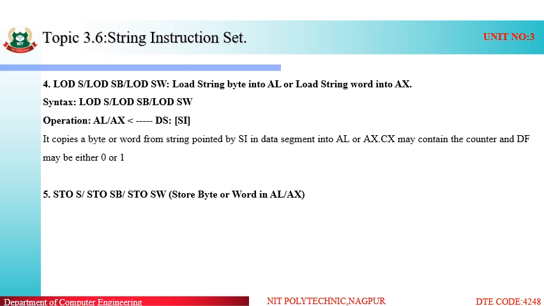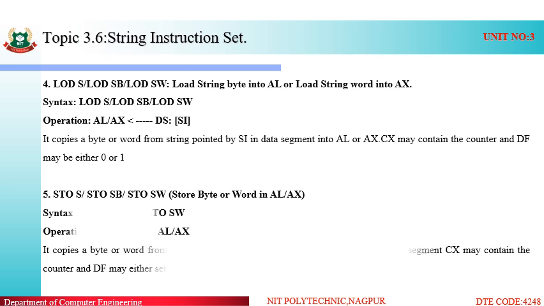Next is store. Now this is the contrast or inversion of the load instruction. In load we are copying the contents of the string pointed by SI into AL, but in store the reverse operation will occur, in which we copy the contents of AL or AX into memory.